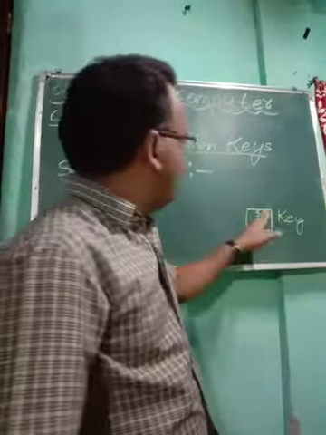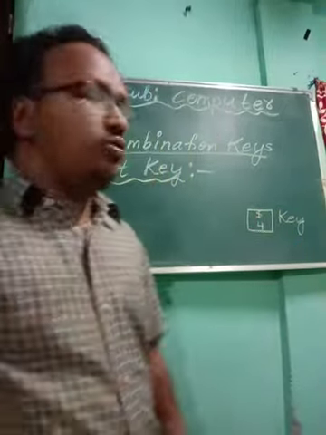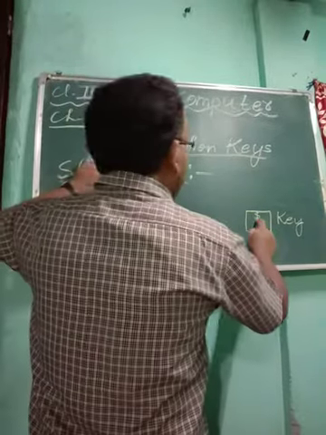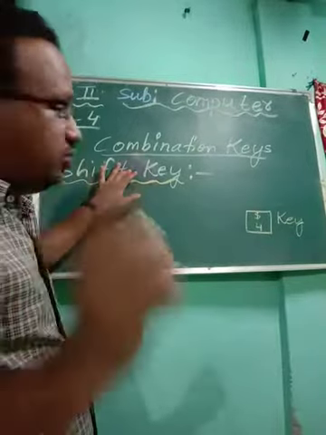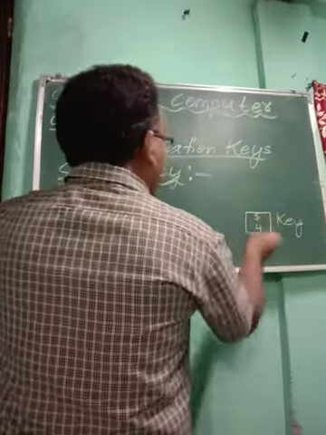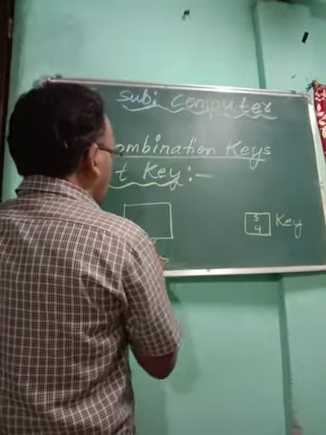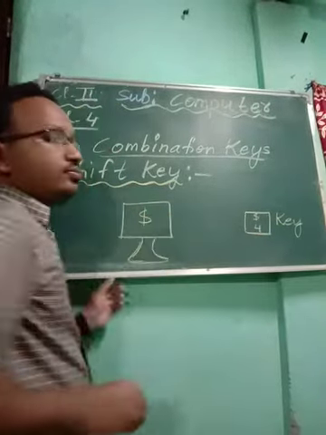Now suppose you have to type this sign. What will you do? First you will press the shift key and then you will press this key. See children, you have to press 2 keys together, the shift key and this key. When you press both keys together, this symbol will come on your monitor screen. Understood?